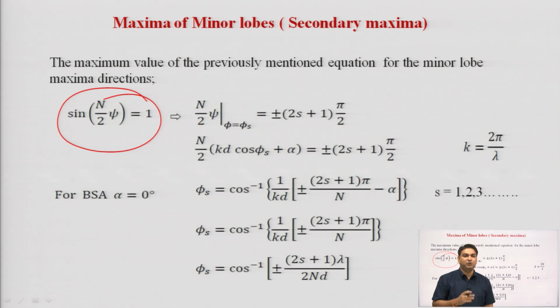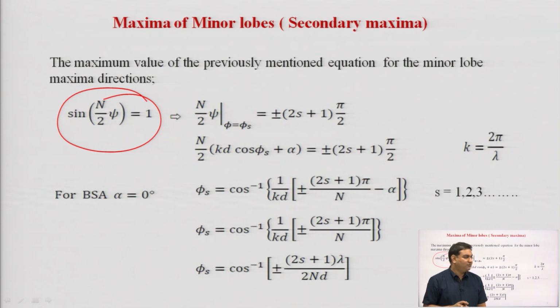Simply we can put here n by 2 psi, where psi is equal to k d cos phi plus alpha, and when phi is equal to phi s, this is the maxima direction for the side lobe.